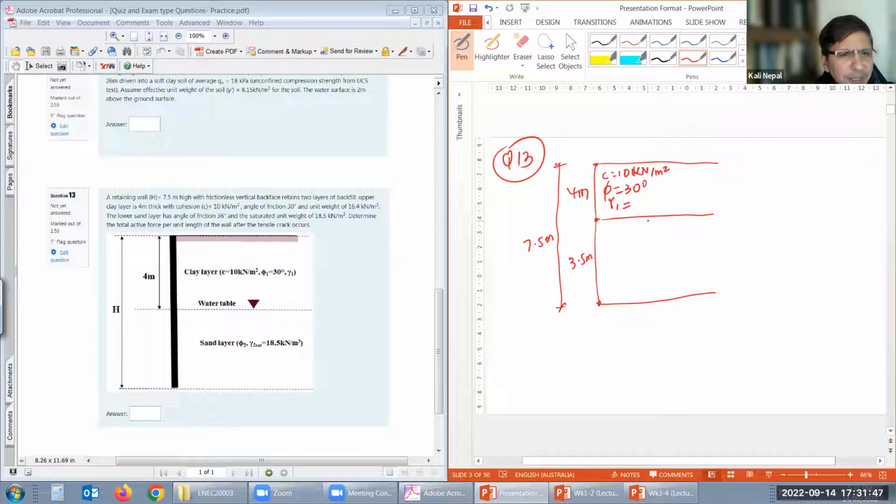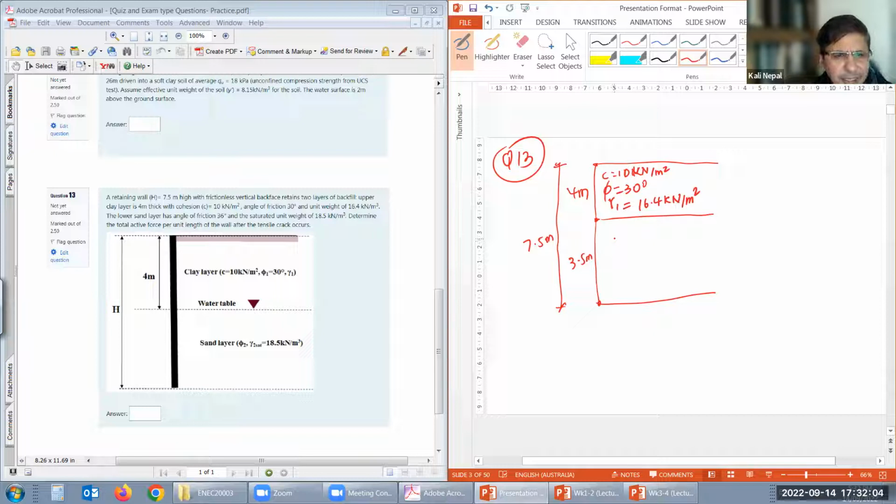The upper clay layer is 4 meters thick with cohesion 10, angle of friction 30, unit weight 16.4 kilonewton per meter cube. Good, we got the first layer.